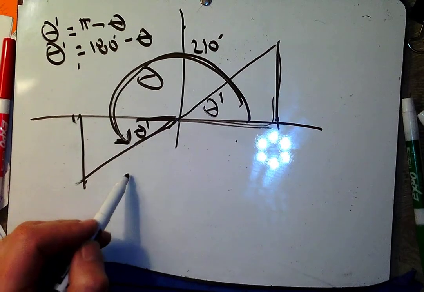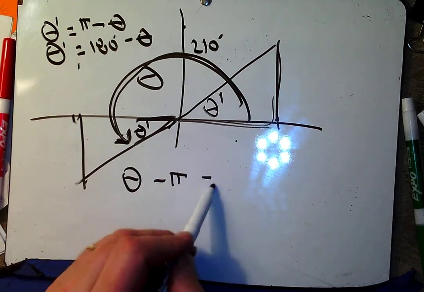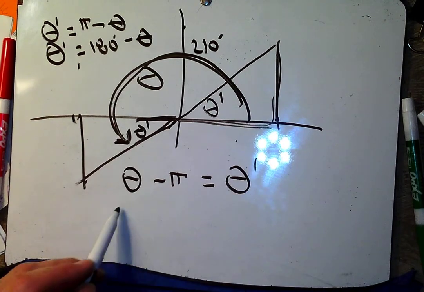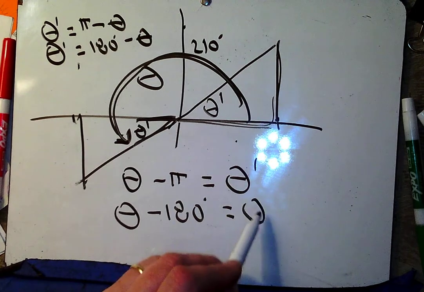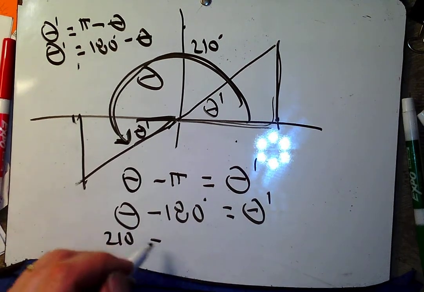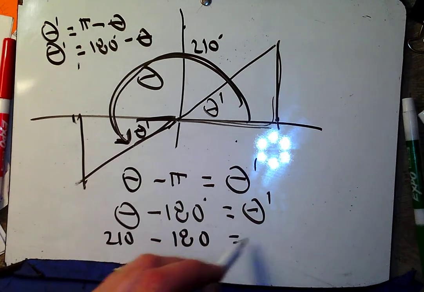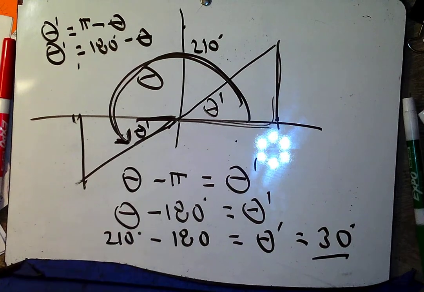Here, what we're going to say is that theta minus pi equals theta prime, or theta minus 180 degrees is theta prime. So that if I had 210 and I subtracted 180, I could get that theta prime equals positive 30 degrees.